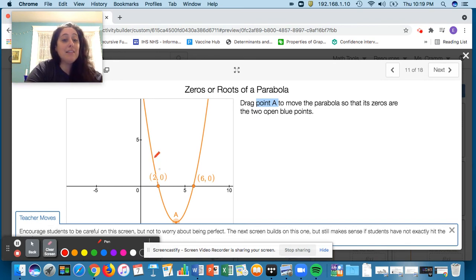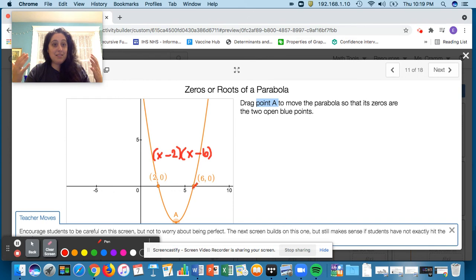But if I were writing this in factored form, right, if x was 2, 2 minus 2 would be 0, right? And if x was 6, 6 minus 6 is 0. So if I'm given this parabola, and asked to write it in factored form, I can just write the factored form knowing that these x values would have to make one or at least one of the factors 0.